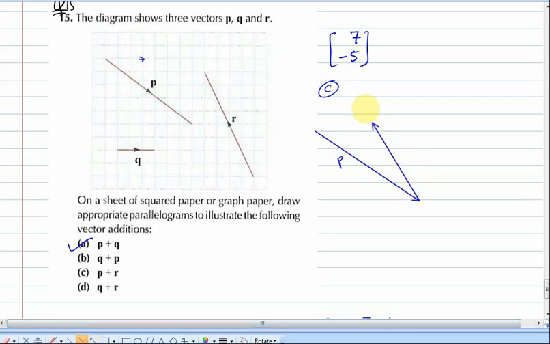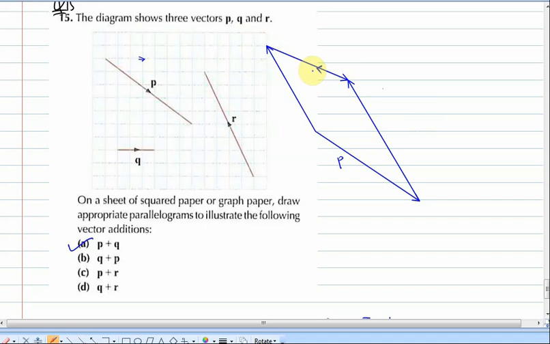R will be like this one, right? That is the vector R, and P must be parallel, so again I will draw the second vector P and then the second vector R. That's how you draw the parallelogram of P and R.